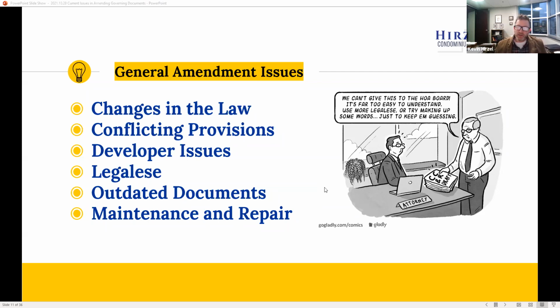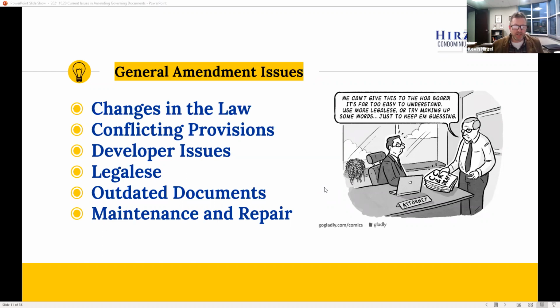And so one of the reasons, especially, you would want to pursue an amendment project would be if the documents that you have in place still reflect the sensibilities of the developer, then you may want to take a look and see if there are provisions that you want to amend in order to shift that focus away from the developer-centric provisions to lot owner or co-owner type documents.